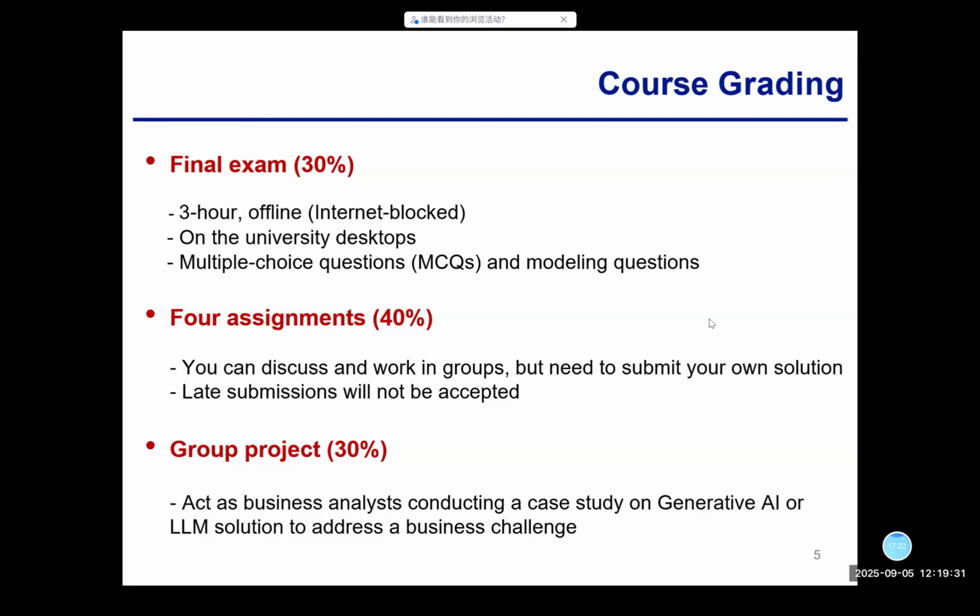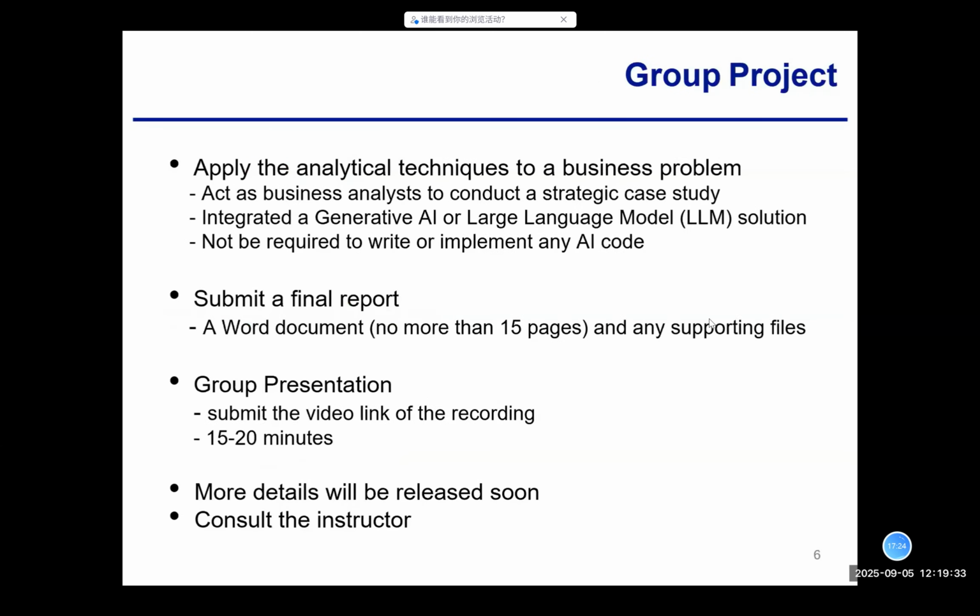So this year, we explicitly require that you act as a business analyst to conduct a strategic case study, finding an example or a case that has utilized a Gen AI or large model solution. In this project, it's supposed to be qualitative, so you are not going to write any code or real implementations. So they're supposed to be easier.